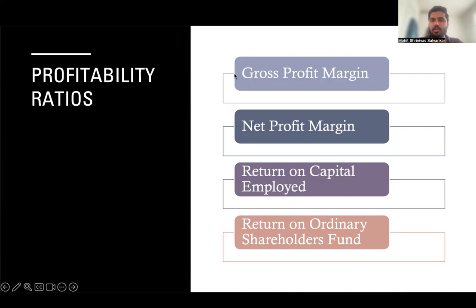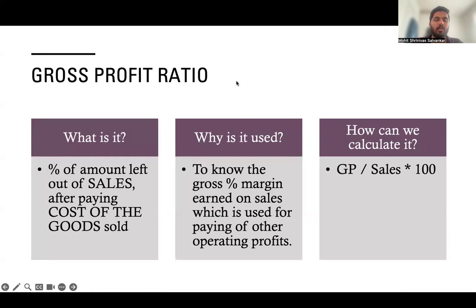The first two are the very basic ones, kindergarten stuff. Gross profit. The gross profit ratio is nothing but the amount or percentage of amount which is left after the cost of the goods sold is removed from the sales. So when you get a sales value of 100 and the cost of the goods that you have sold is 60, what remains is 40, that is gross profit. Why is it used?